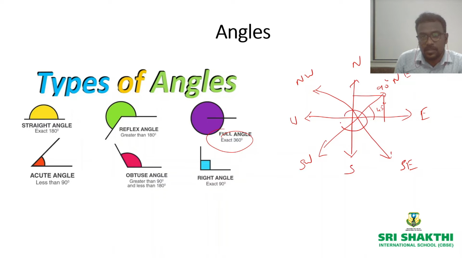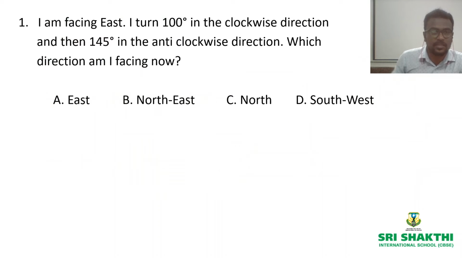In total, this is 360 degrees as we saw in full angle. And every angle between the main direction and the subdirection will be 45 degrees, and we can add on or we can subtract accordingly. So we'll get a clarity about this angle based questions when we discuss the sums. Let's get into the questions.